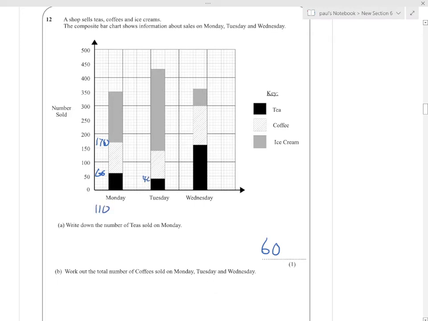This is 100 on a Tuesday. And this one's 300, so that will be 140 on the Wednesday. So 110 plus 100 is 210. Plus 140 is 350.